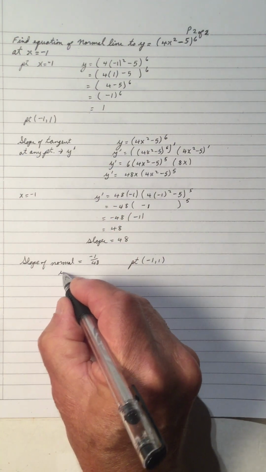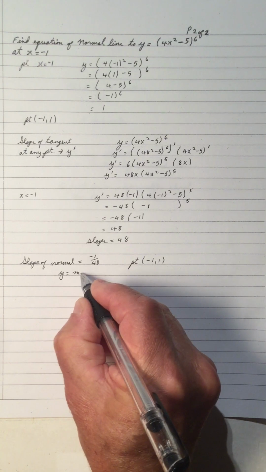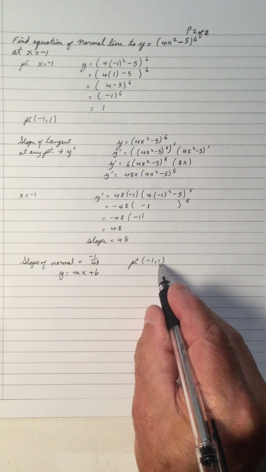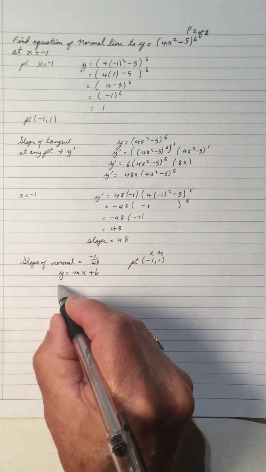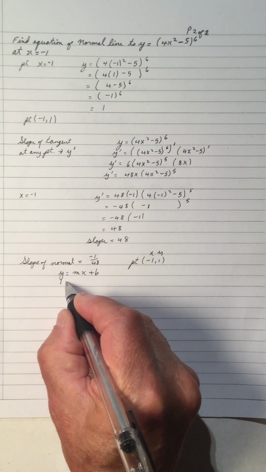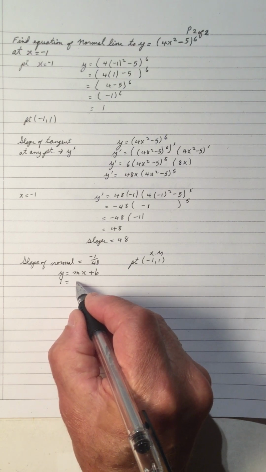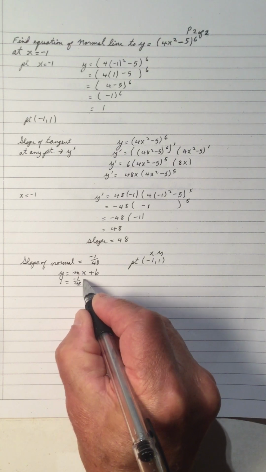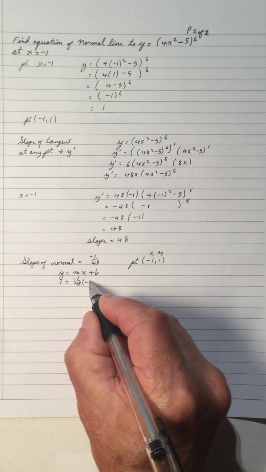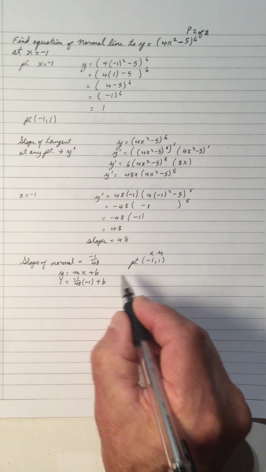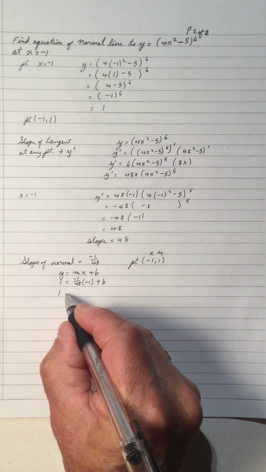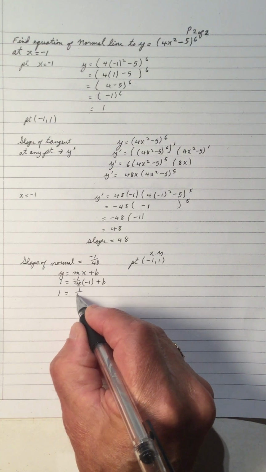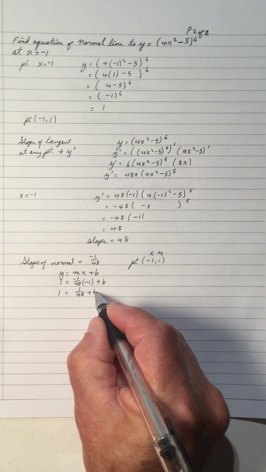So now we want to find the equation y equals mx plus b. We put the point in, so there's x and y. Y is 1, and the slope is negative 1 over 48. X is negative 1. So we solve this for b, so we multiply. Negative times negative is positive, so it's 1 over 48 plus b.